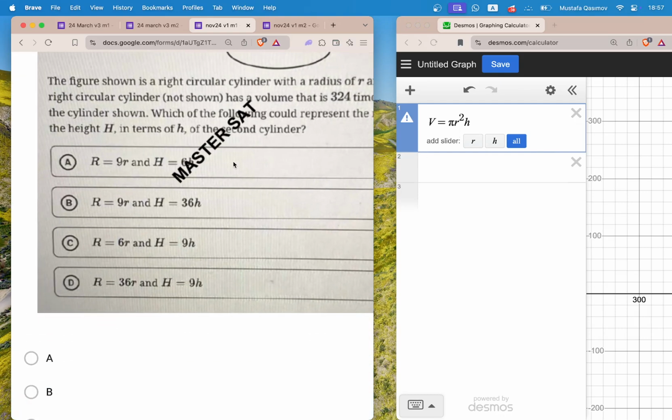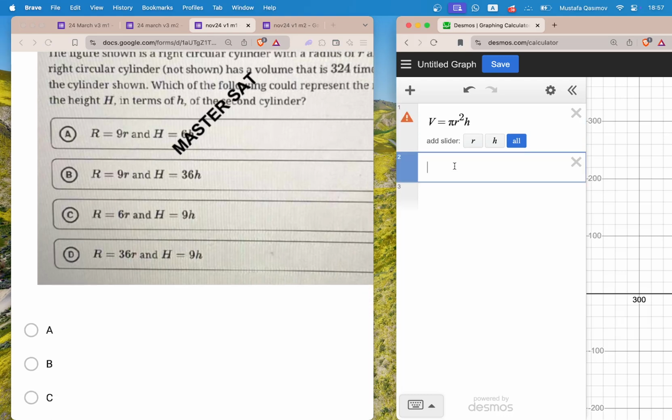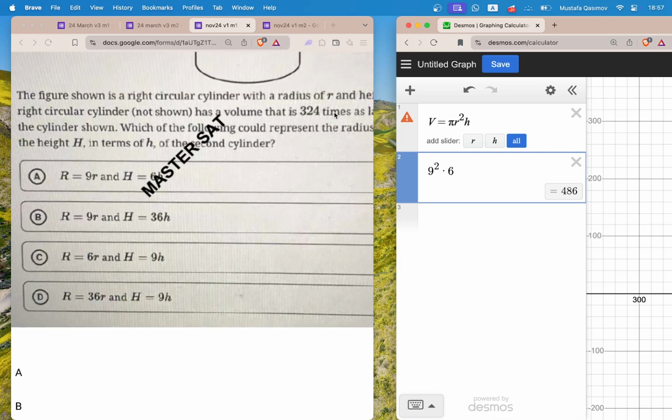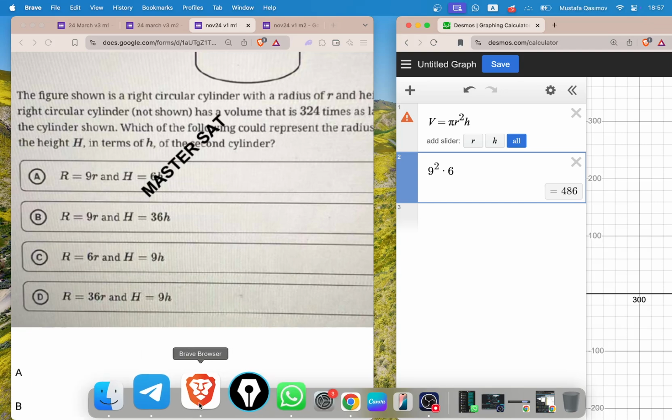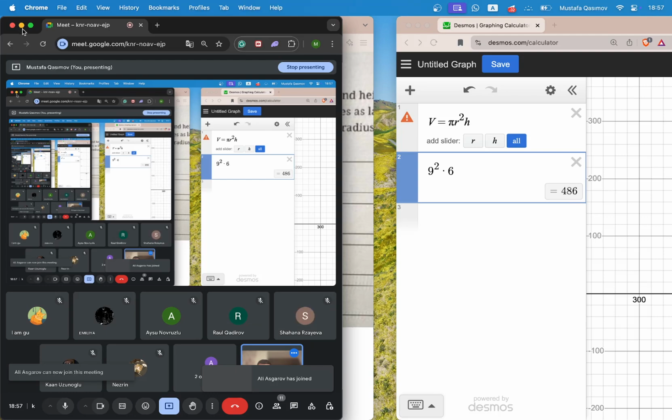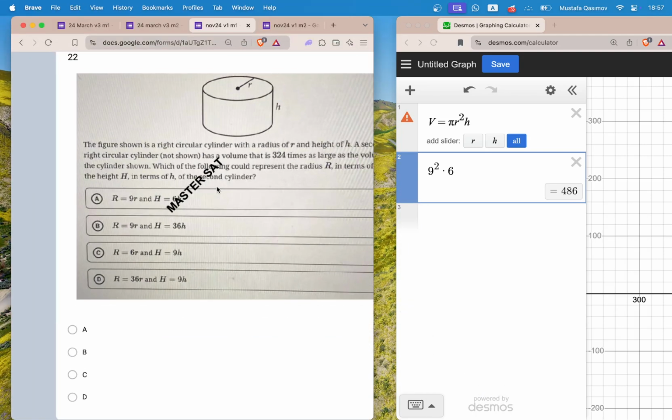Because it's r squared, you can think of it like this: 9 squared multiplied by 6. So it is 468, but it says second cylinder will be 324. So it is not correct because it's not 324.